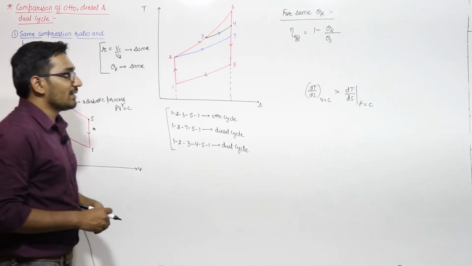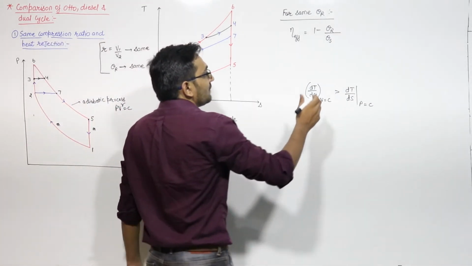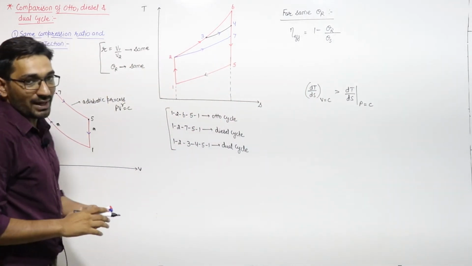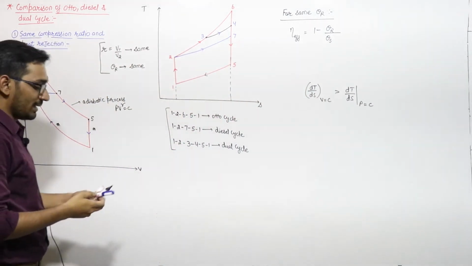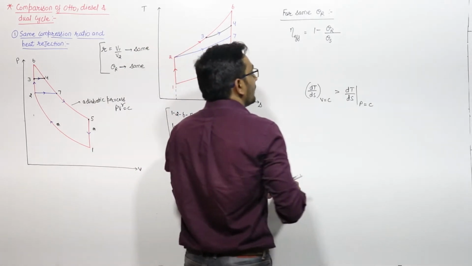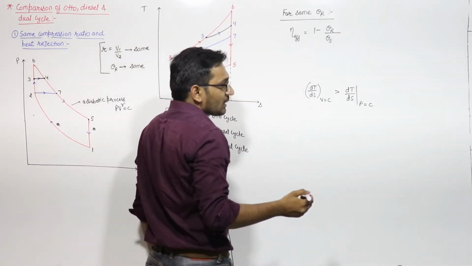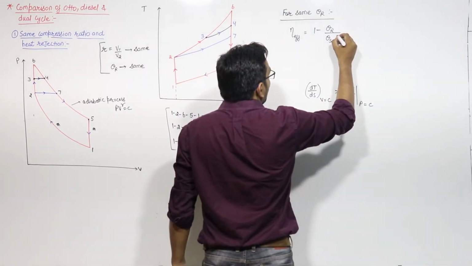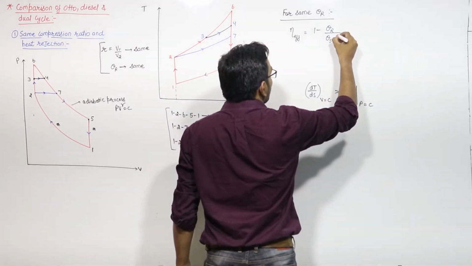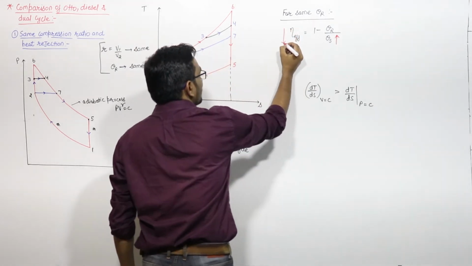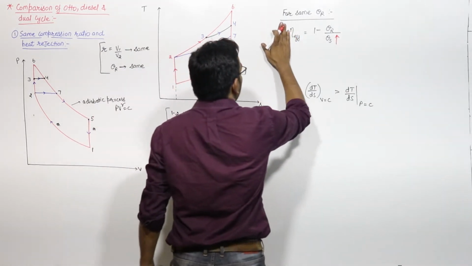Now we know that the efficiency of a cycle is defined as 1 minus heat rejected upon heat supply. So in the condition we have, the heat rejected is the same. So we can say the cycle whose heat addition is more has more efficiency, right?